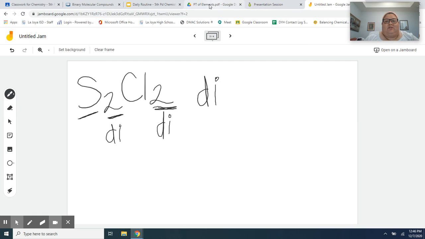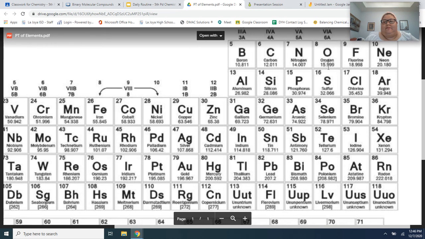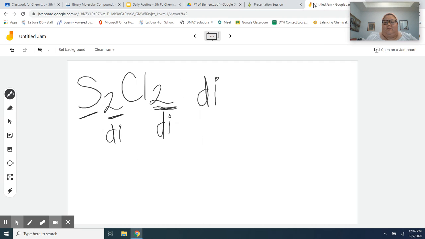What's the name of S according to the periodic table? Not silicon, that's Si. Element 16, right here. Sulfur. Thank you, sir. So I'm going to put disulfur, right? Disulfur.